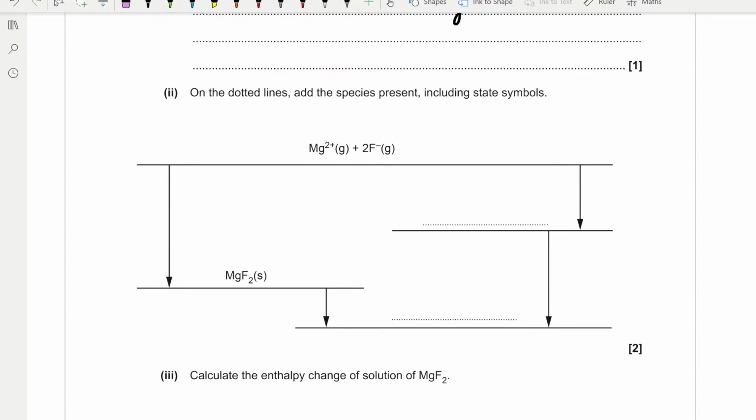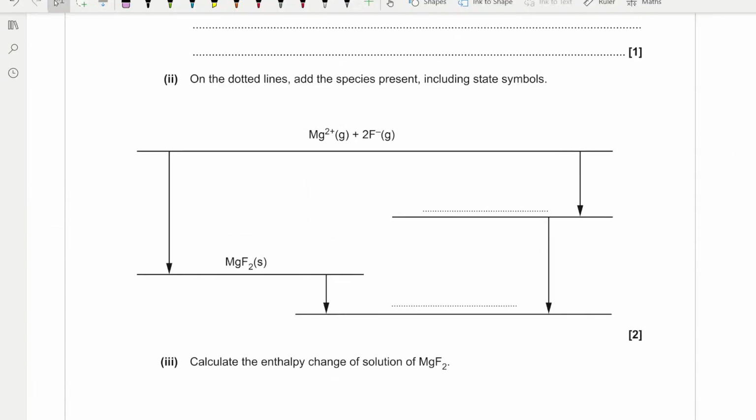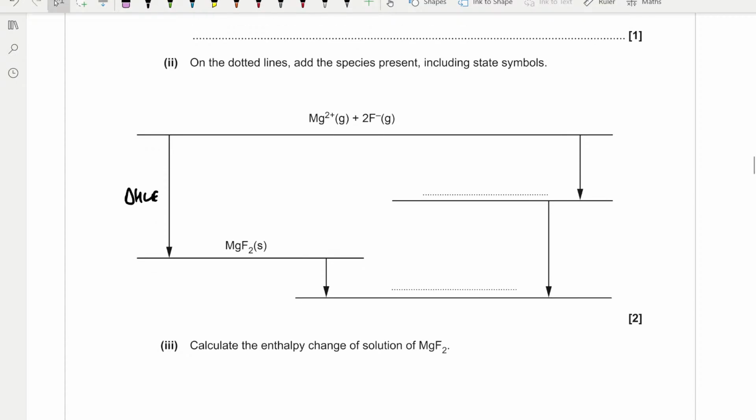Also, no, sorry, our lattice enthalpy. And then we're going to dissolve it, so that's going to be our enthalpy change of solution. So that will make Mg2 plus aqueous and 2F minus aqueous. So that means that we have our enthalpy change of hydration.